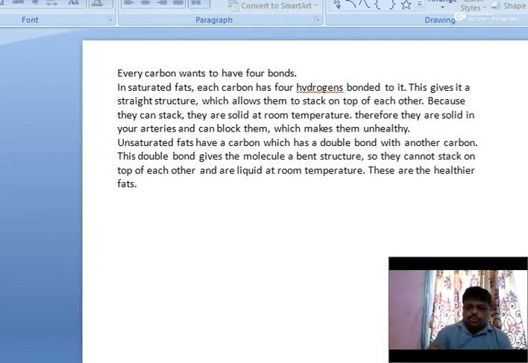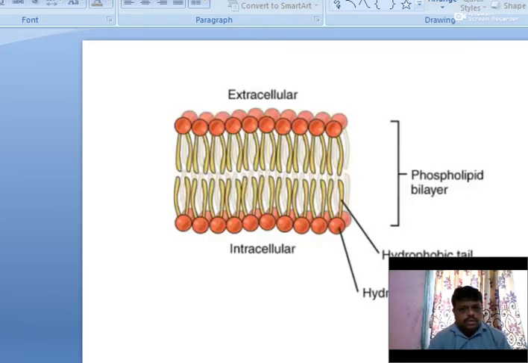Let us move towards a few things regarding the phospholipids. Phospholipids have both hydrophilic polar groups and hydrophobic non-polar groups. Let us see the structure. This is a lipid bilayer in the aqueous medium. This lipid bilayer structure shows two portions.